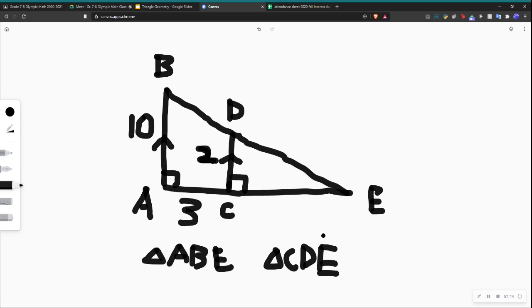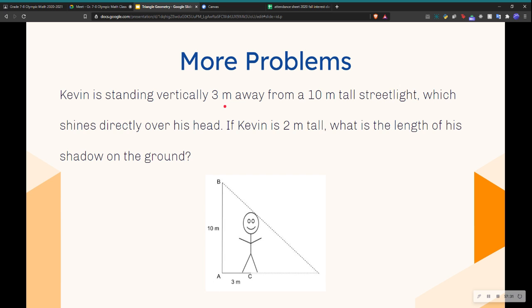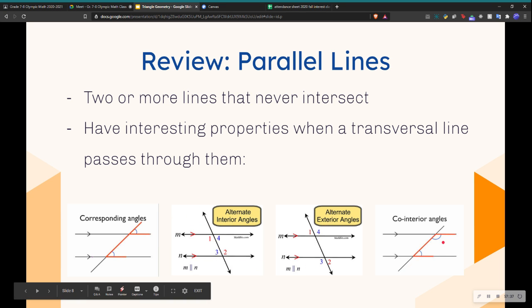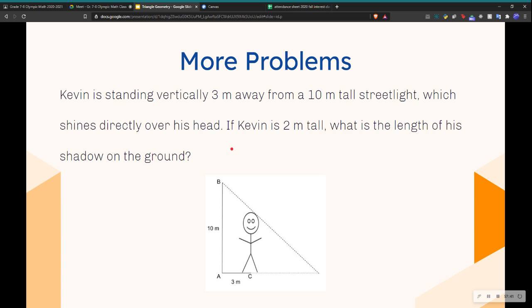These are the only two triangles in this diagram, and we're going to try to prove that they are similar to each other. We have to use some of those parallel line properties that we looked at a couple slides ago, to prove that the angles are equal to each other, which means that the triangles are similar.